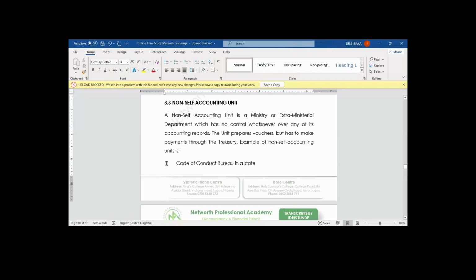They cannot incur costs on their own, except with the approval of the head office in Abuja. They cannot generate revenue on their own. All revenue goes to the account of the head office in Abuja. That is a non-self-accounting unit.